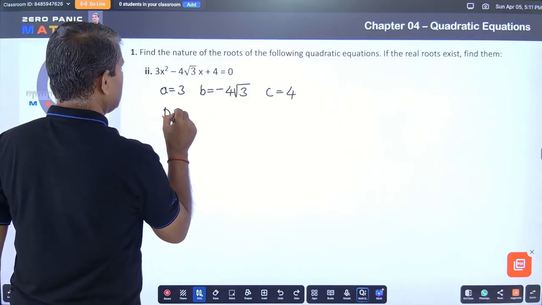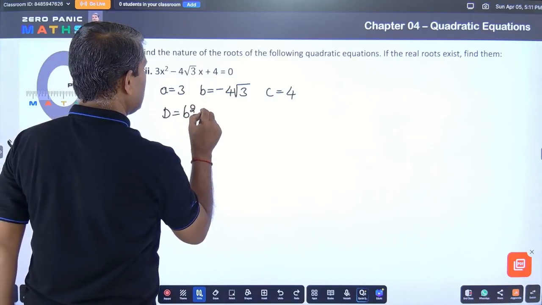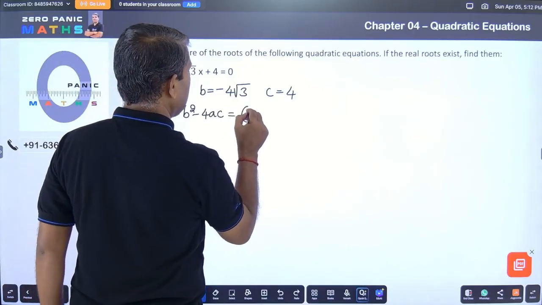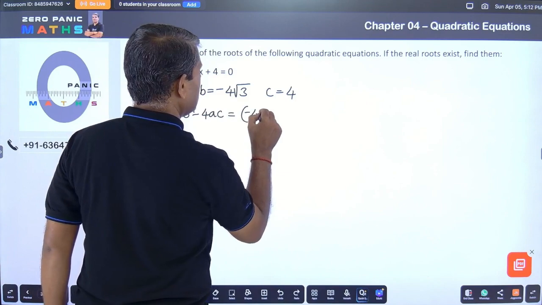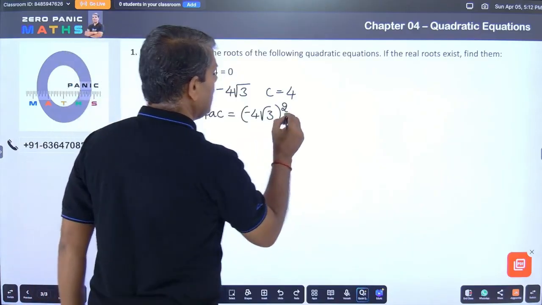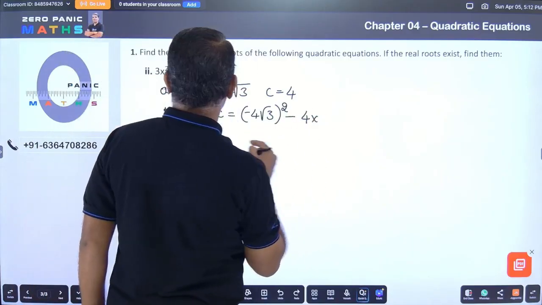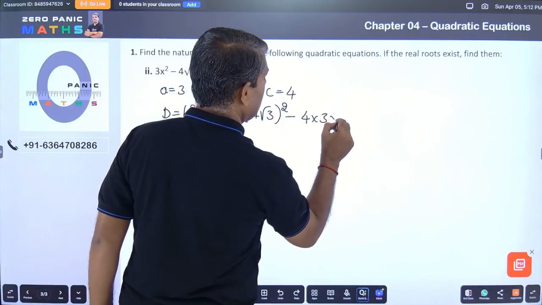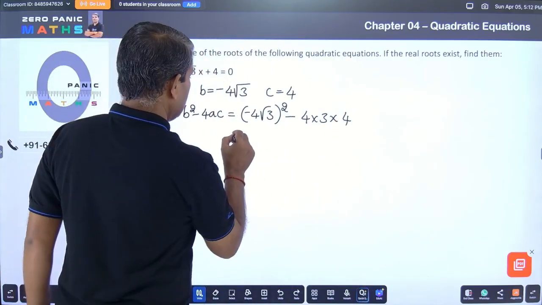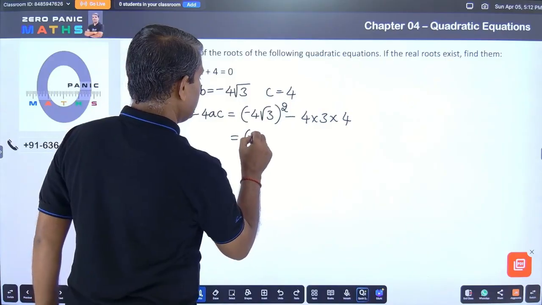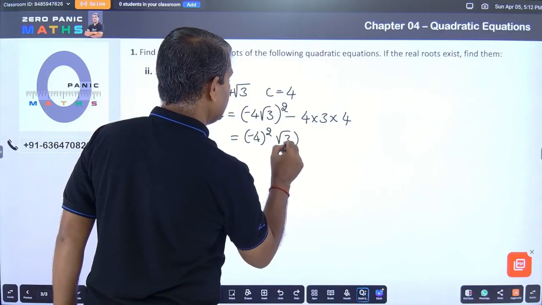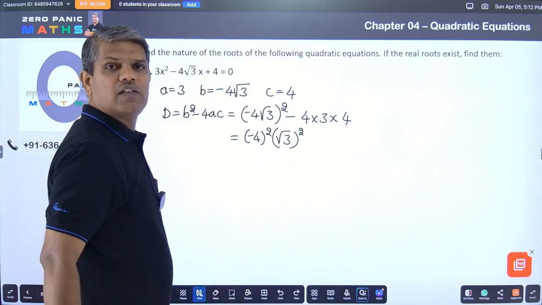What is the discriminant then? Discriminant is b square minus 4ac. What is b? Minus 4 square root of 3, square. I am considering minus 4 square separately and square root of 3 square separately.